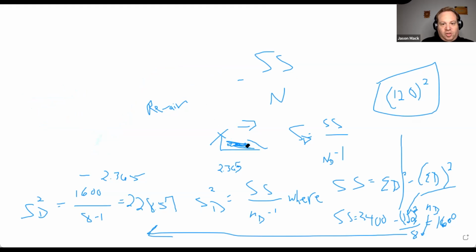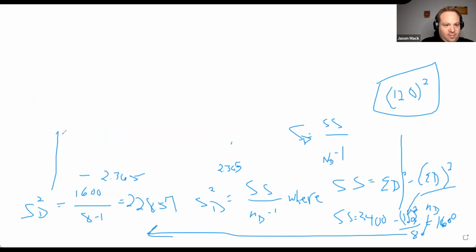And then I'm going to show you where this is on the Word document next, okay? So then we take this right here, and we're going to go this direction, like that. And we're going to say that the SD, or our standard deviation difference, is equal to the square root of S2D.